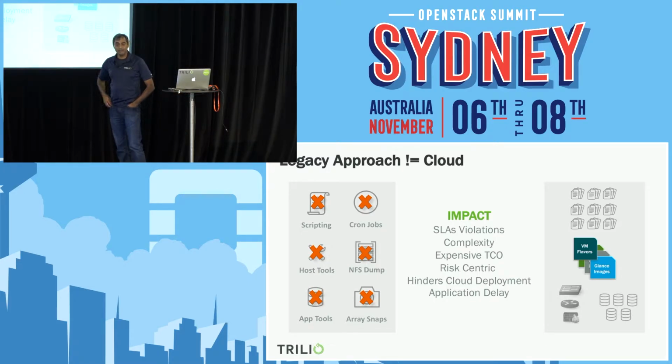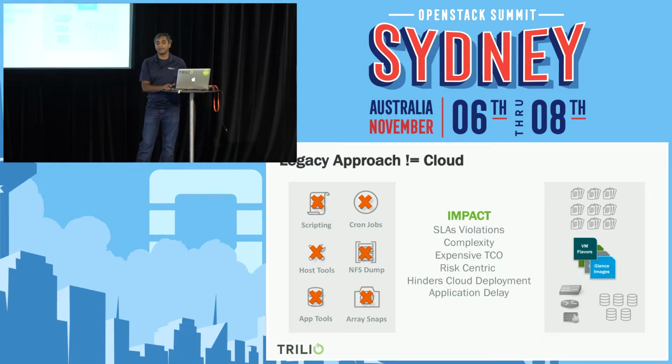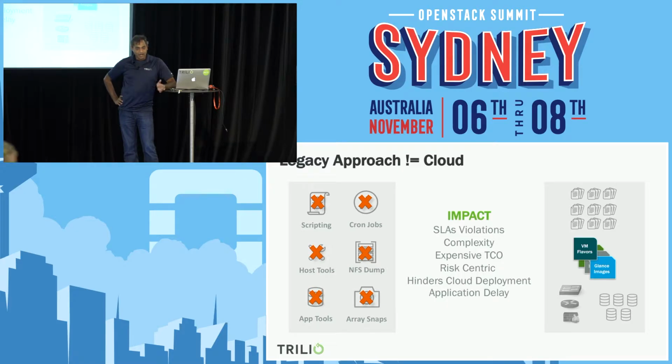We work with a very large MSP who is deploying an OpenStack-based cloud for one of the biggest financial companies, a bank in Europe. They were looking at a legacy backup solution, and according to that solution, for their size of backup to manage, they would need to hire 12 backup administrators.